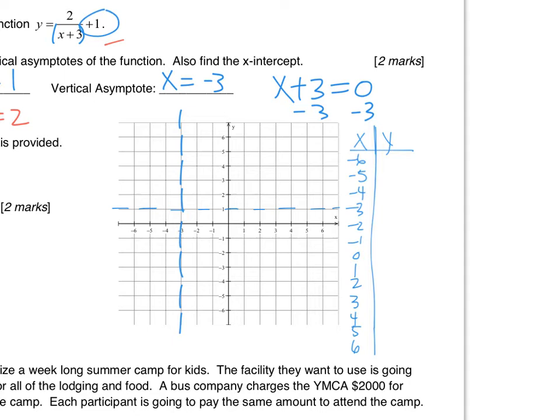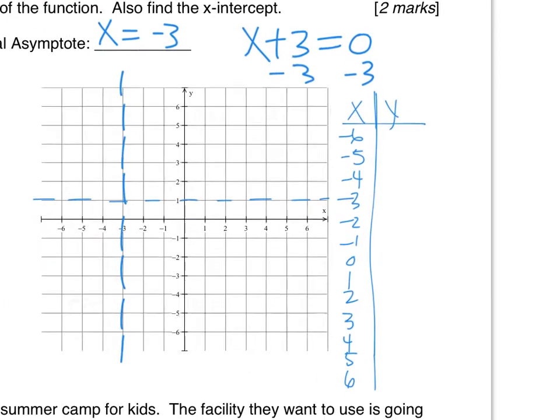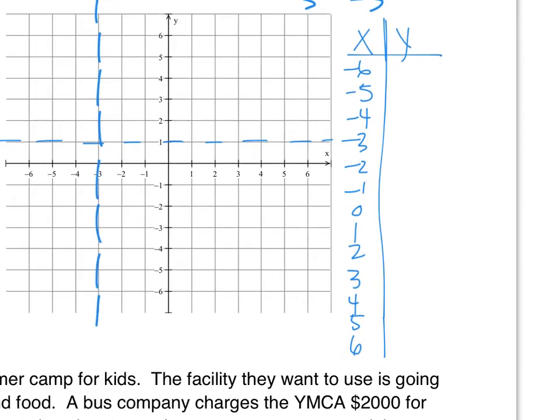Look at the table, and I've got 0.3, 0, -1, error. So this is another sign. This is our vertical asymptote.